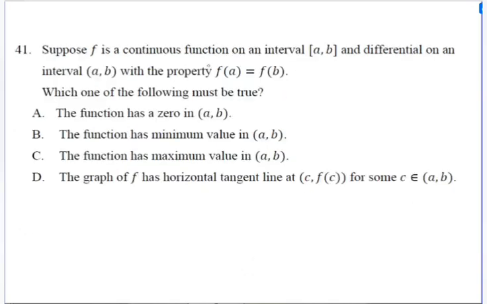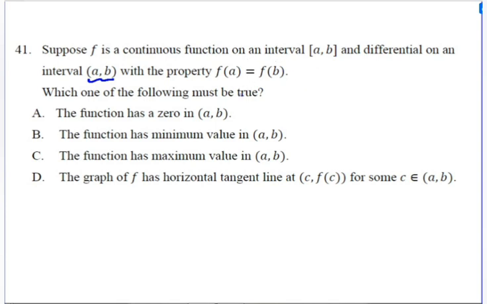Suppose f is a continuous function on an interval [a, b] and differentiable on an open interval (a, b) with the property f(a) equals f(b). This is about Rolle's theorem. So this theorem is exactly Rolle's theorem.